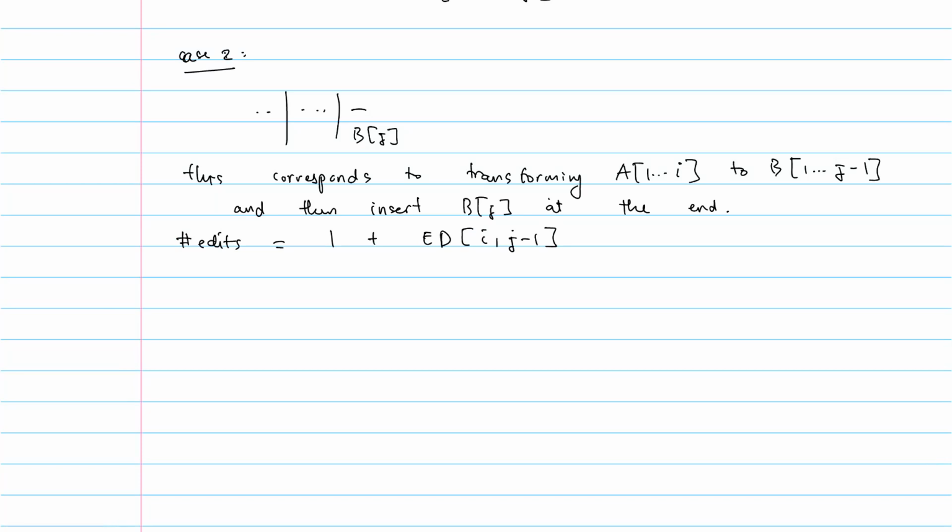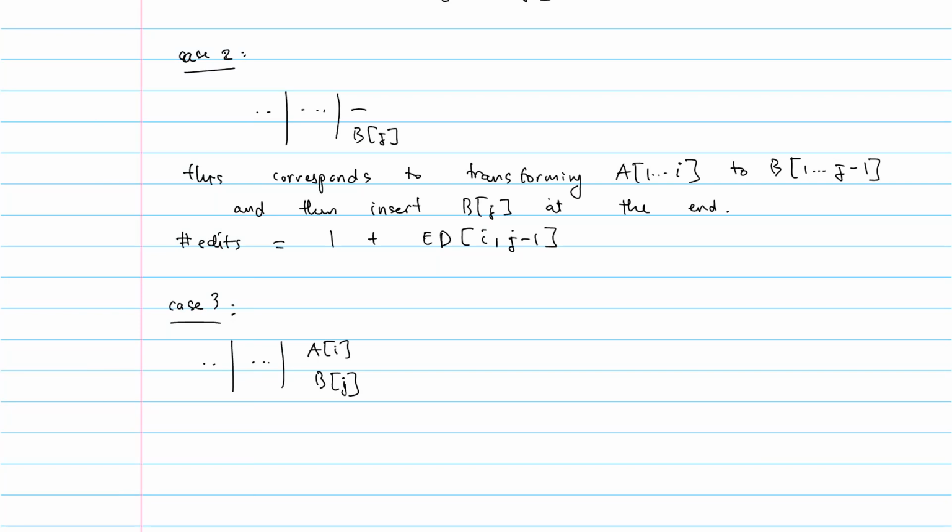Finally, we have the last case. You can pause for a moment to think about it, but in this case we will have Ai on top and Bj at the bottom.